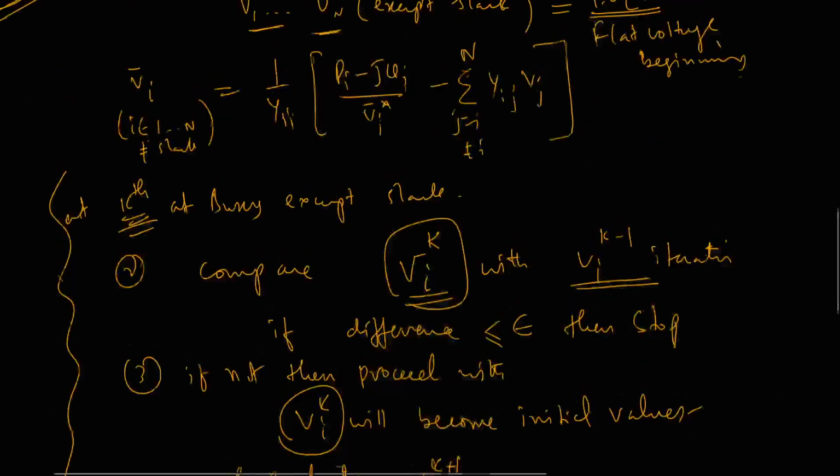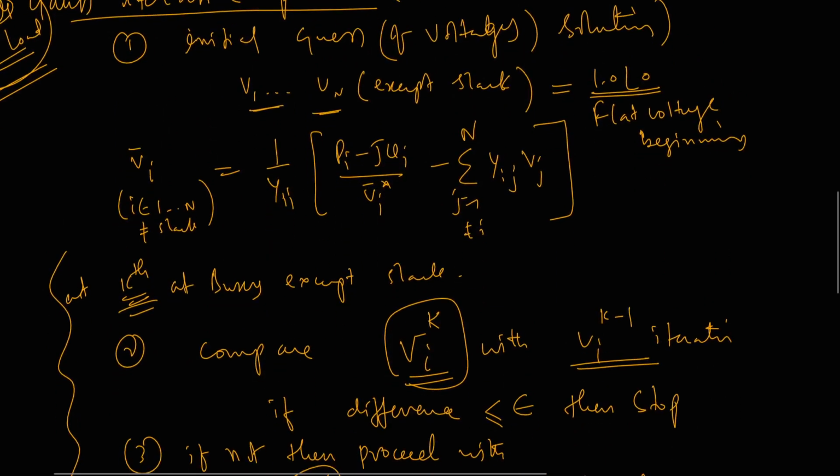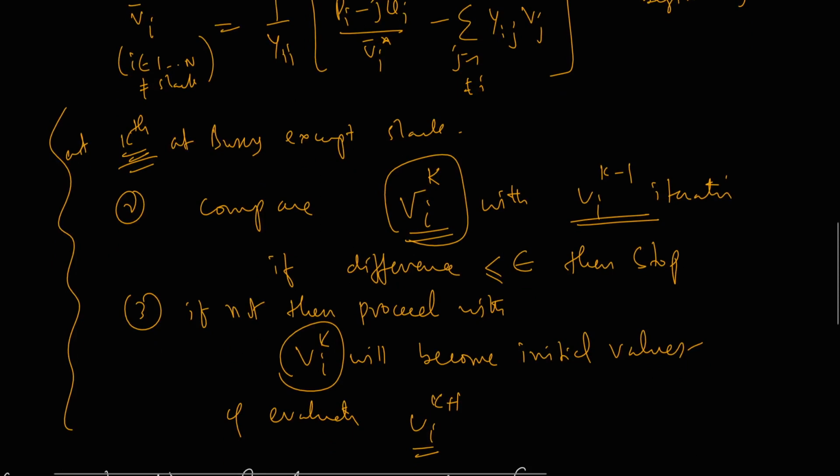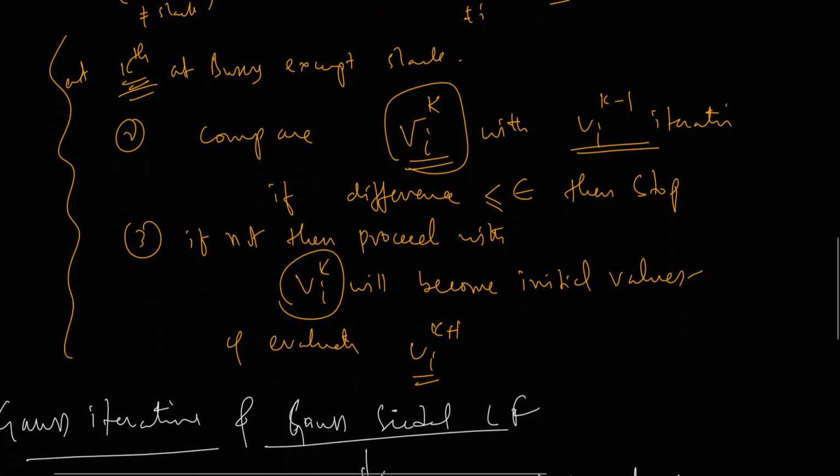The remaining iterative procedure is the same. Calculate the voltages at each bus, initially taking the flat voltage values, then compare the calculated voltages with the previous iteration voltages. If the difference is less than or equal to some predefined epsilon, then stop. Otherwise, go back and calculate once again all the bus voltages.